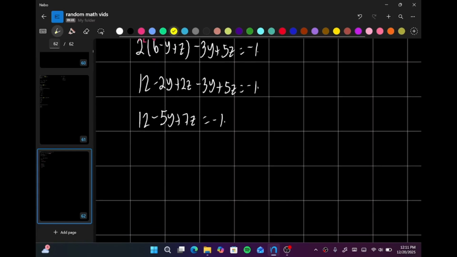Subtracting 12 on both sides, we have negative 5y plus 7z equals negative 13.